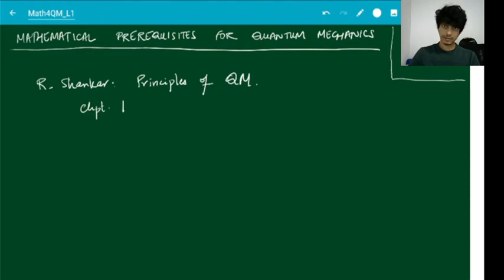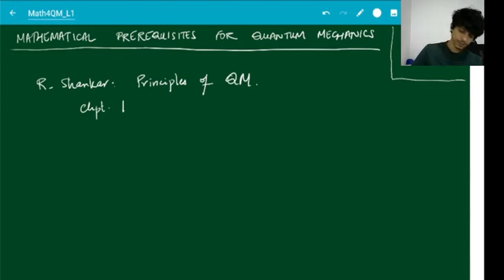As with all physics and maths courses, just listening to these lectures will not be enough. You will need to solve a lot of problems in order to make sure that you know what you're doing in linear algebra. Shankar's book gives a few examples and exercises that you can work through.